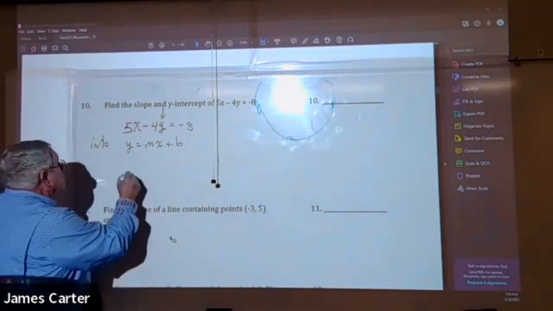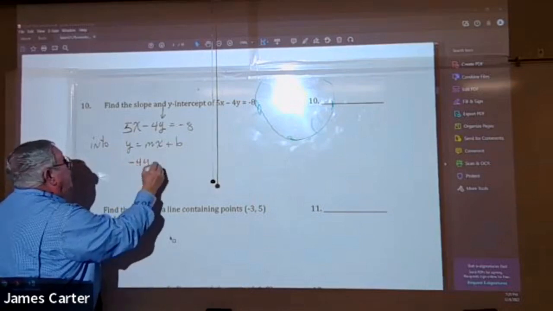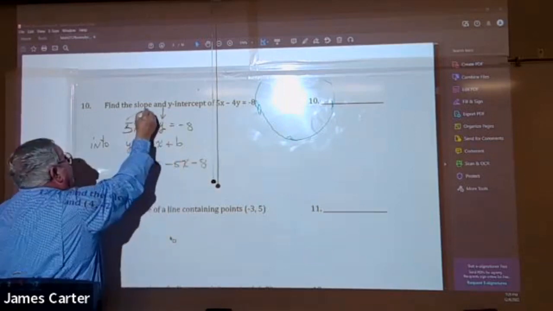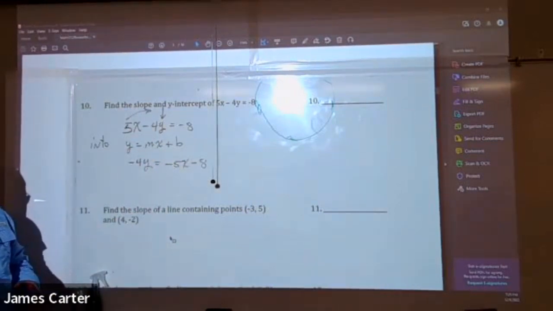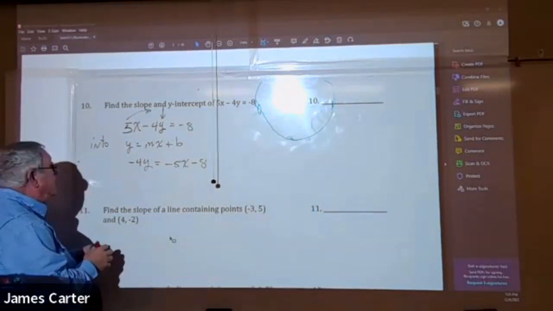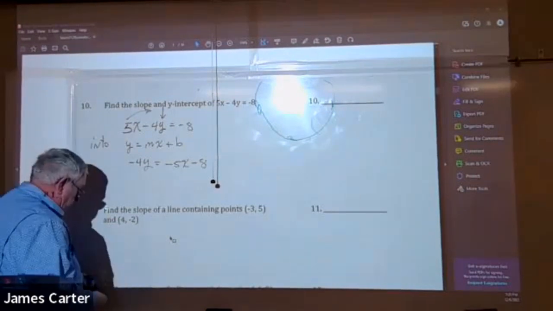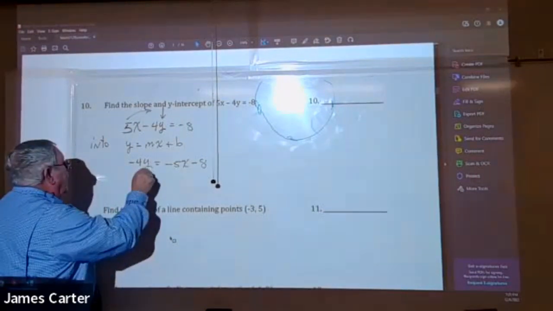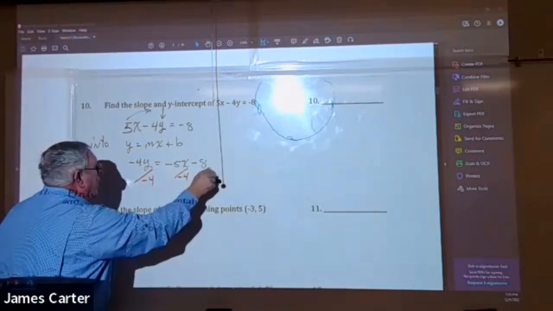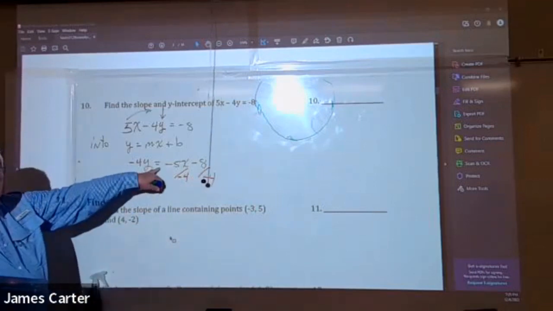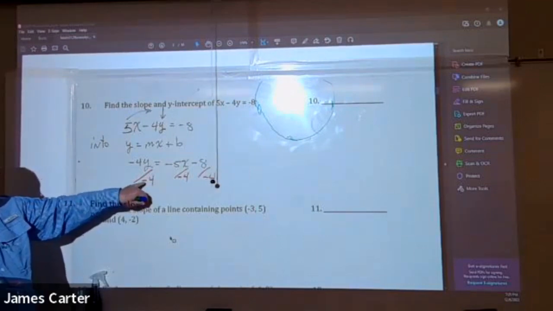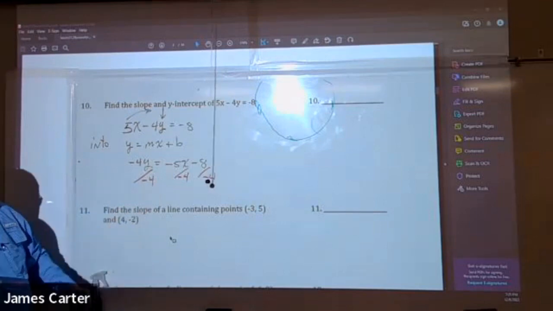So -4y equals -5x minus 8. I took that over to the other side. Now I'm going to divide everything, both terms, by -4. By the way, if this had been a less than or greater than, and we divide by a negative, we would have had to flip the symbol. It's not, but if it were.